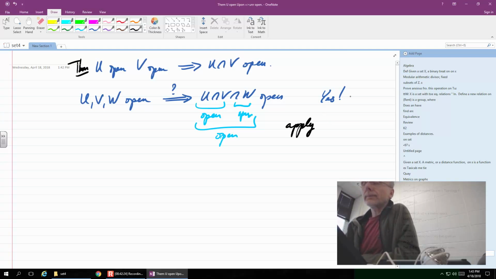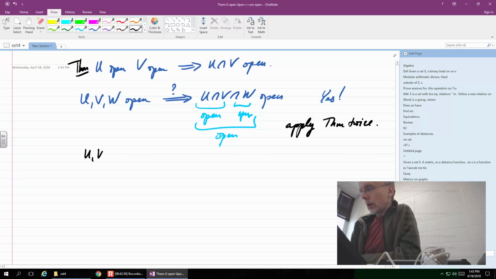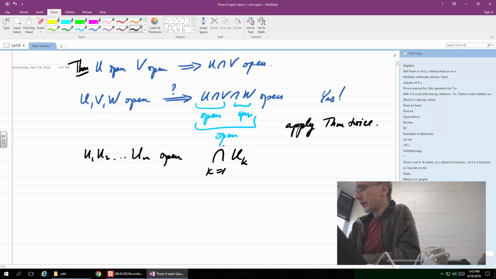What about 4? U1, U2, ..., UN open. If I take the intersection of Uk for k from 1 to N, is it open?